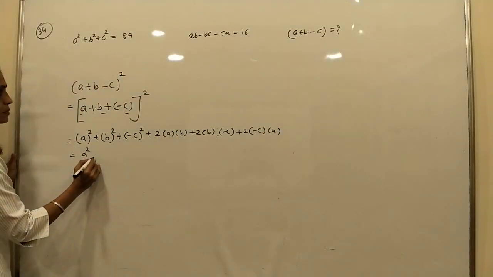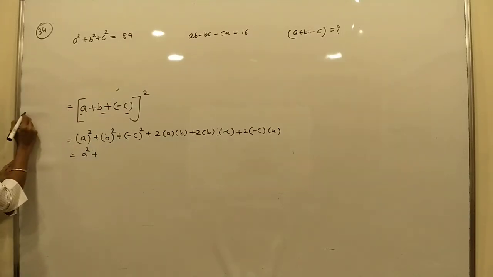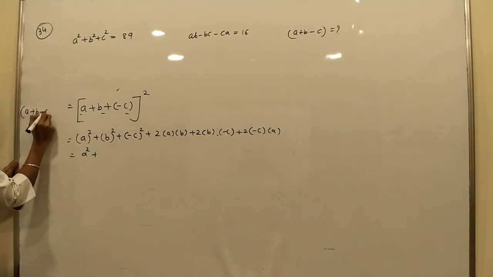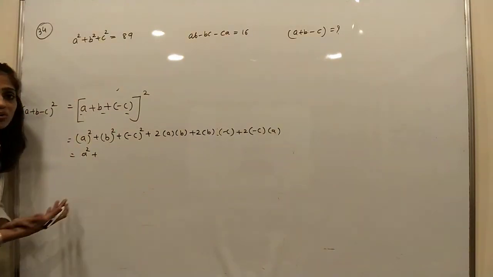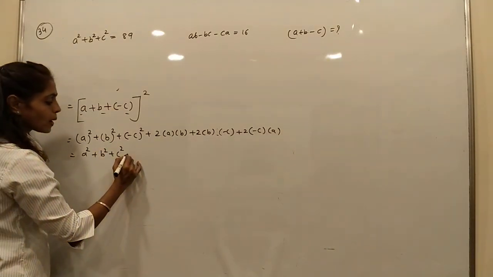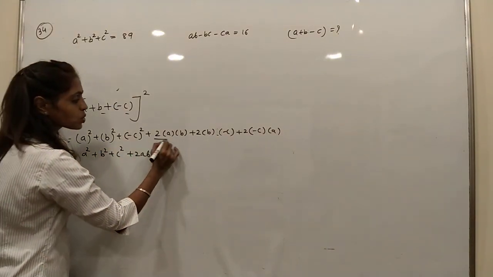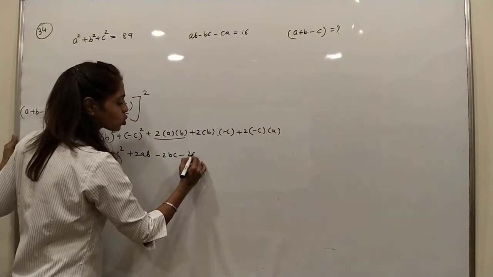So this is the formula of a plus b minus c the whole square. Keep it in front of you, because if we don't have any value, then we use its formula: a square plus b square plus c square plus 2ab minus 2bc minus 2ca.